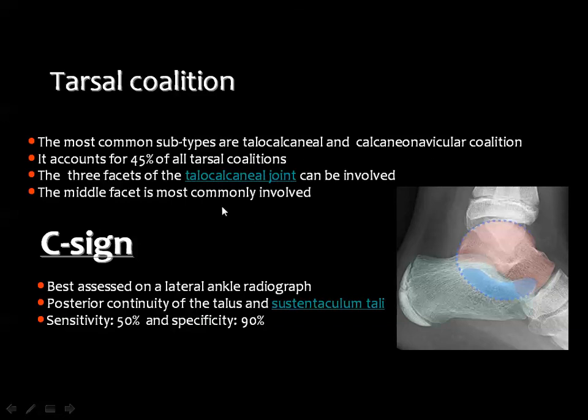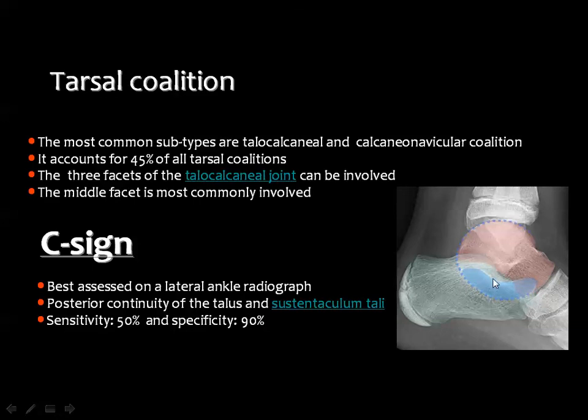The three facets of the talocalcaneal joint can be involved, but the middle facet is most commonly involved. You can diagnose talocalcaneal coalition by the C sign, which is seen on the lateral ankle radiograph. Normally, there is a gap between the talus and the calcaneus, the talocalcaneal joint.